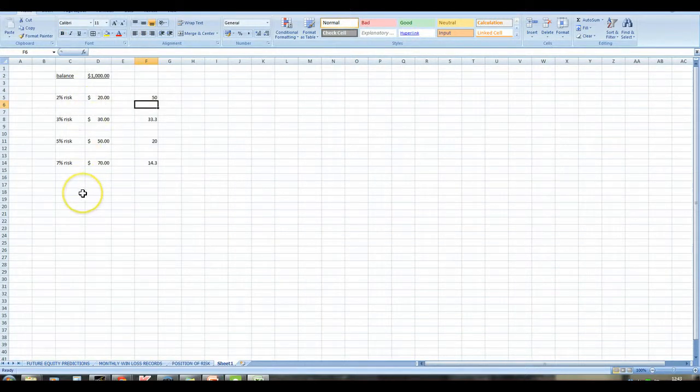Just want to talk about percentage of risk, because I know what a lot of you might be thinking. 3% doesn't really sound a lot. You probably want to start off because you see some people advertising on the internet risking 5% per trade. Now, just want to go through these little formulas. Starting off with the $1,000 account balance, as before.